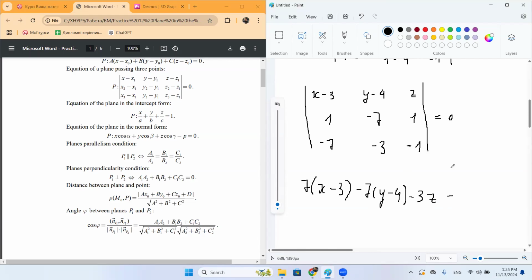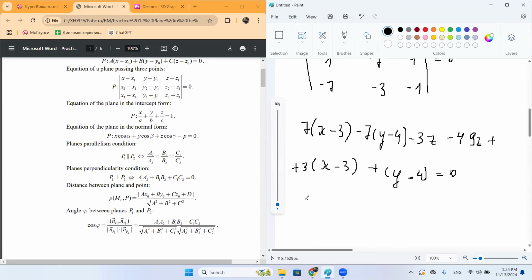Then our secondary diagonal: minus 49z plus 3 times x minus 3, and then plus y minus 4. And now let's start reducing.